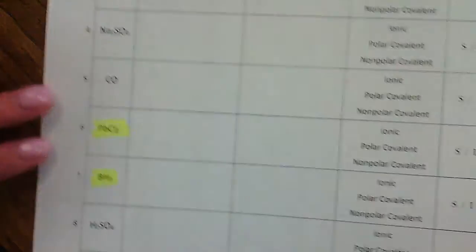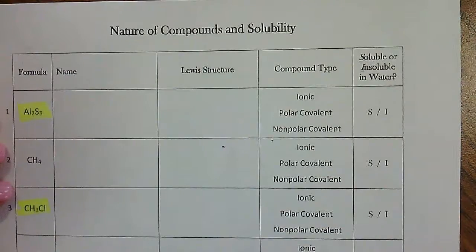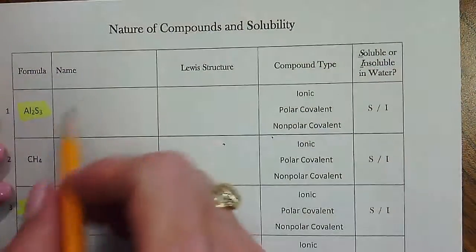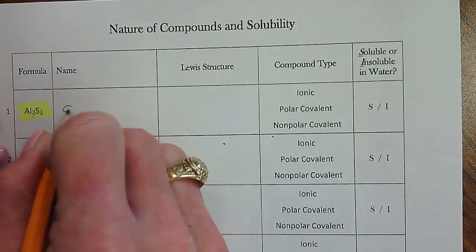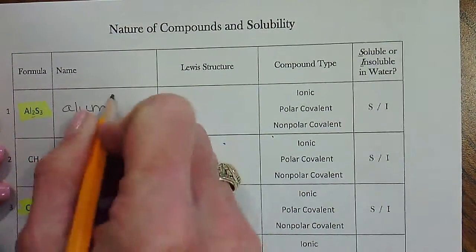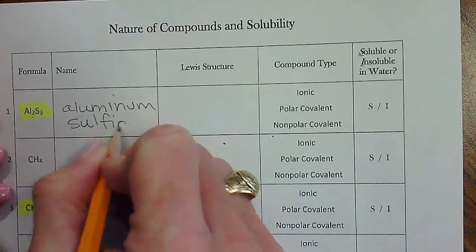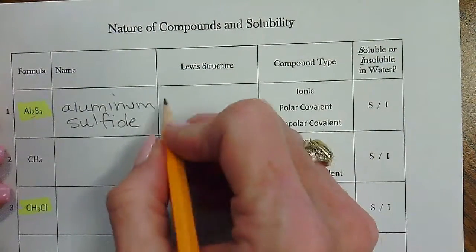So on page 3, I've got some that we're going to do here. Page 3 should look familiar to you. We did these during our covalent unit. Al2S3. This is aluminum sulfide, and this is an ionic compound. So we don't really have a Lewis structure that goes with ionic compounds like aluminum sulfide.